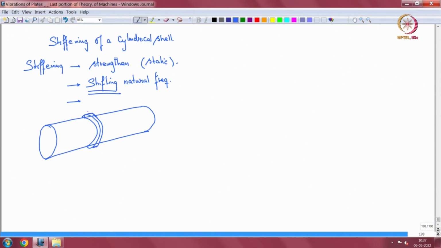The ring goes around and it stiffens. Now, it is a hard connection. Here the displacement of the shell is equal to the displacement of the ring. And we know that circumferentially the displacement descriptor is a cosine n theta or a sine n theta, with n being an integer.